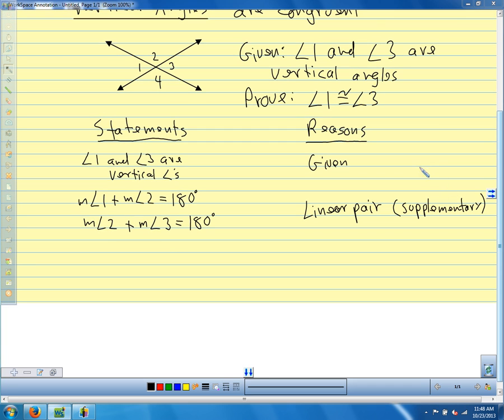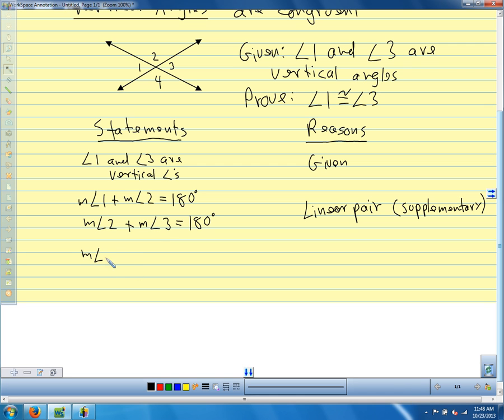All right, so almost like we did yesterday, these two things are each equal to 180. So what can we say about this plus this, and this plus this? If this equals 180 and this equals 180, what does that tell us about these two things? They equal each other.